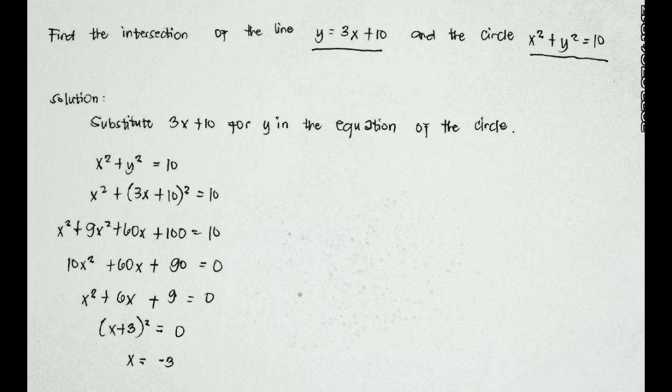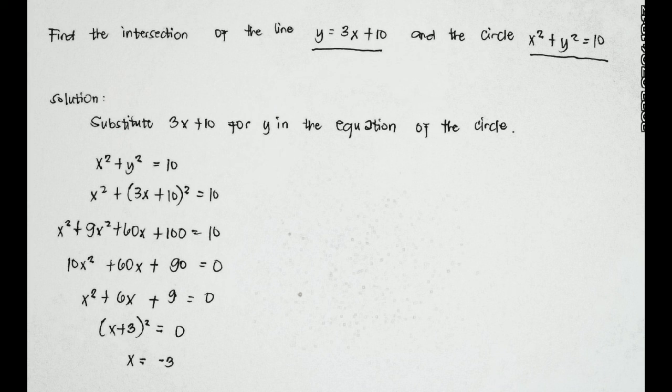And then we are going to expand 3x plus 10 multiplied by itself. So the answer is x squared plus 9x squared plus 60x plus 100. Then copy the 10. And then we are going to add the x squared and 9x squared. So the answer is 10x squared.